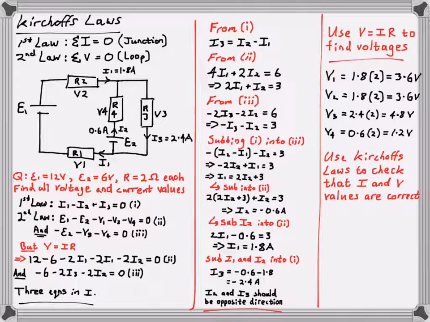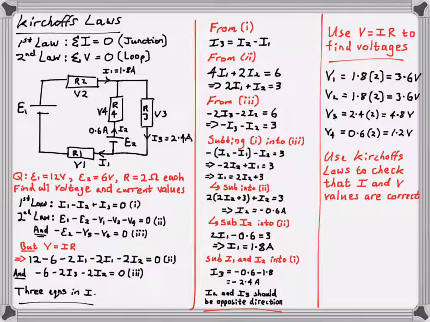So using Kirchhoff's law, if I add up the currents going towards the junction, I1 and I2 are both heading towards the junction, so 1.8 plus 0.6 gives me 2.4. And if I subtract my I3 value, which is leading away from the junction, minus 2.4, that gives me 0. So that satisfies Kirchhoff's first law.